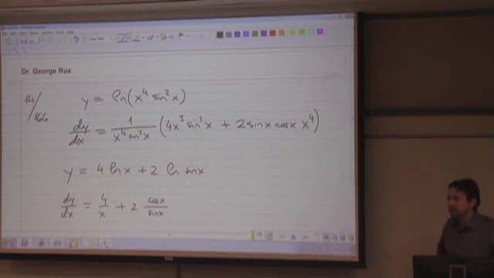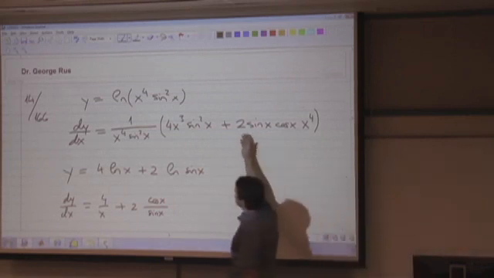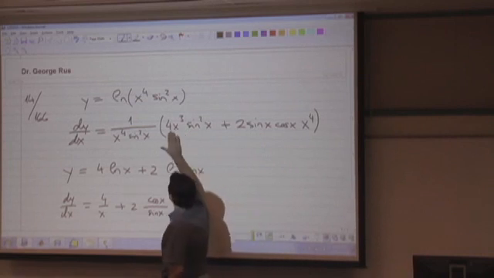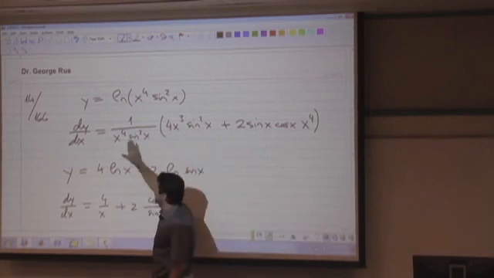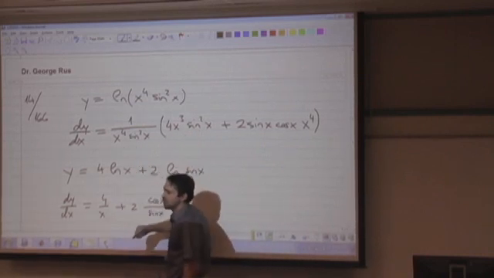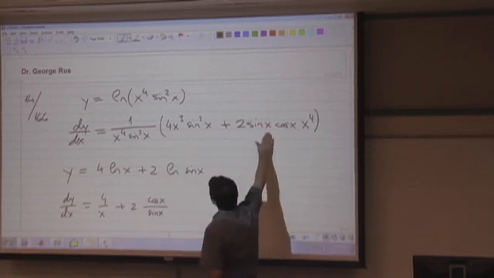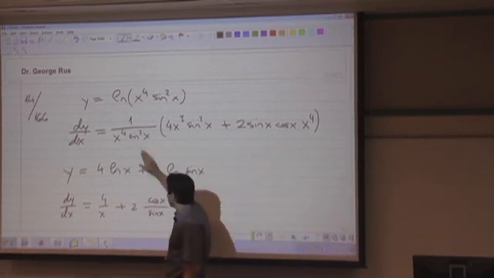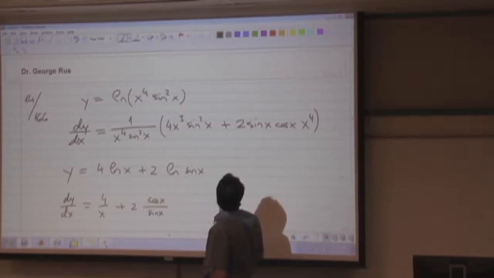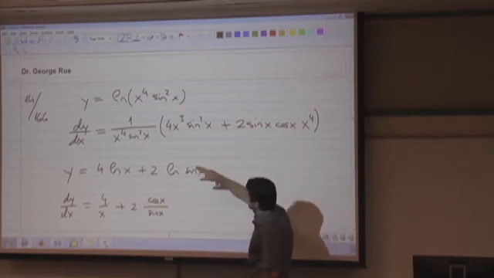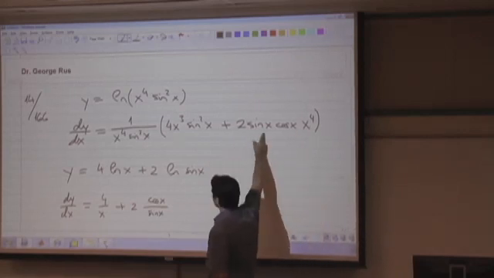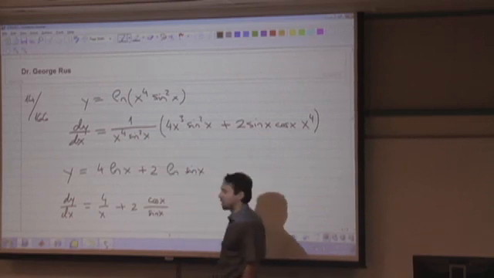Does that make sense? You can see it if you distribute: you have 4x cubed times sine squared divided by that, and you end up with 4 over x. Then you look at the second part divided by that. Since the x to the 4ths cancel out, you have the 2, and one sine cancels out.